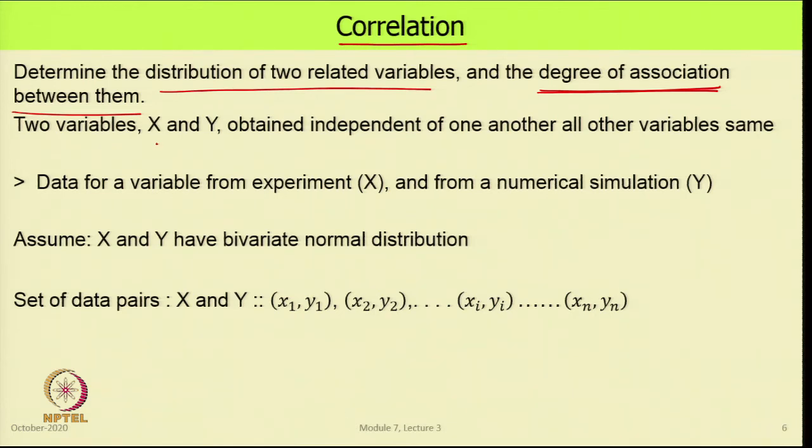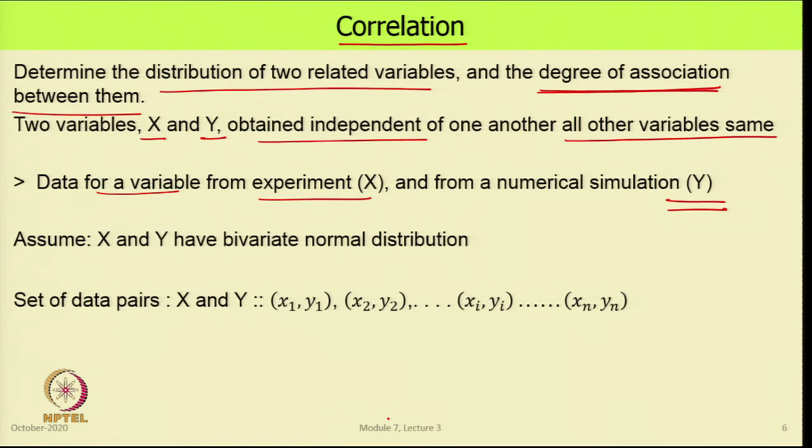So, what we have is two variables x and y obtained independent of one another by keeping all other variables the same. For example, we could have data on a variable from an experiment, we measured something and then we solved the governing equations either explicitly or through a numerical scheme and got a value of the same variable now from the numerical simulation.